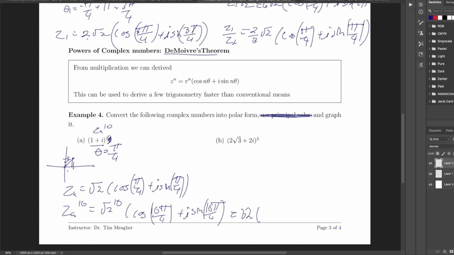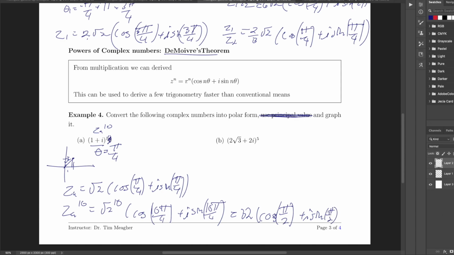So this is 5 pi over 2, so it'll be 1, 2, 3, 4, 5. Yep, so it'd be the same thing as pi over 2. I said pi over 4, I meant to say pi over 2. Cosine of pi over 2 plus i sine of pi over 2.